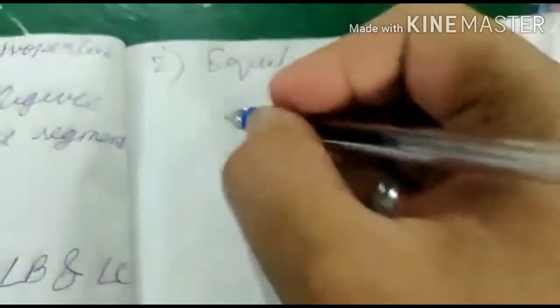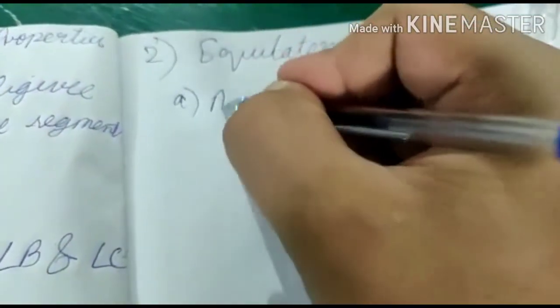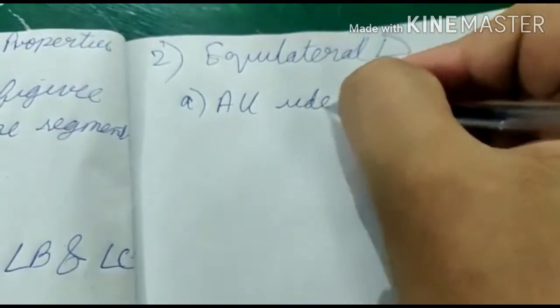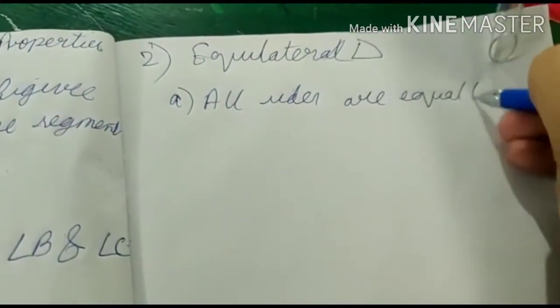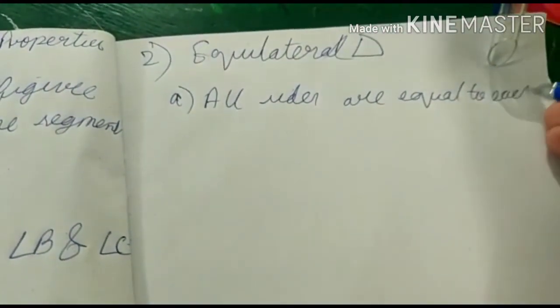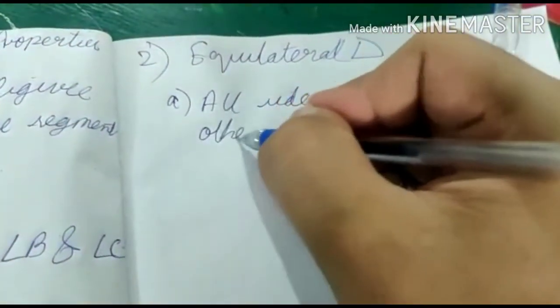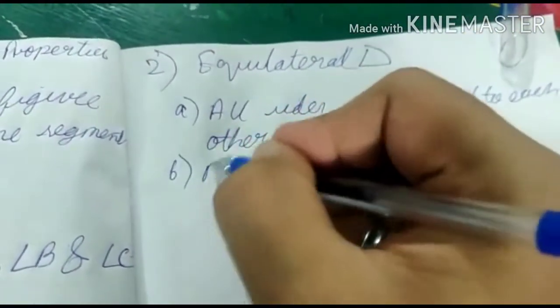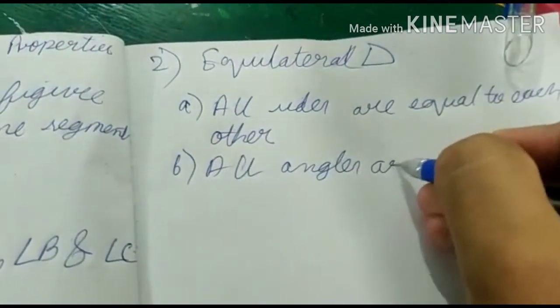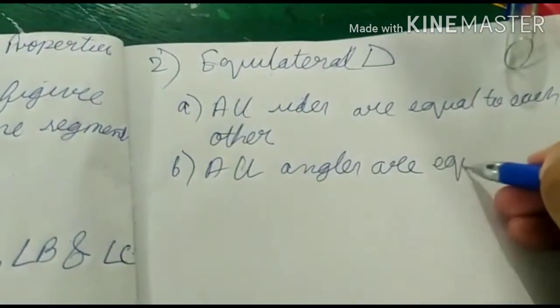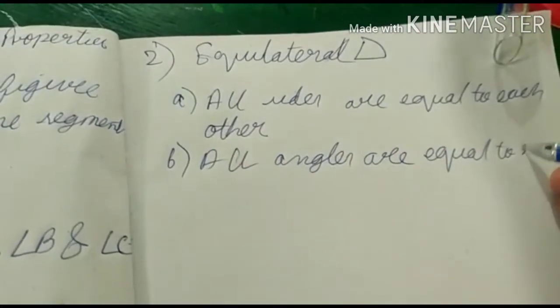The first point is that all sides are equal to each other. The second point is that all angles are equal to each other.